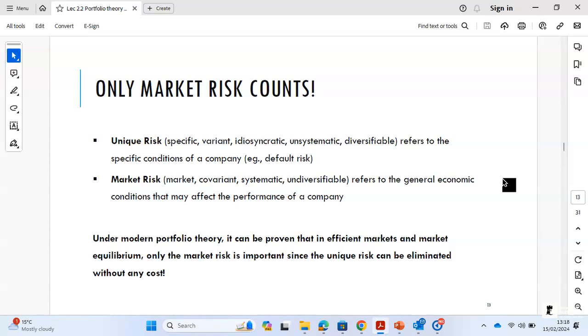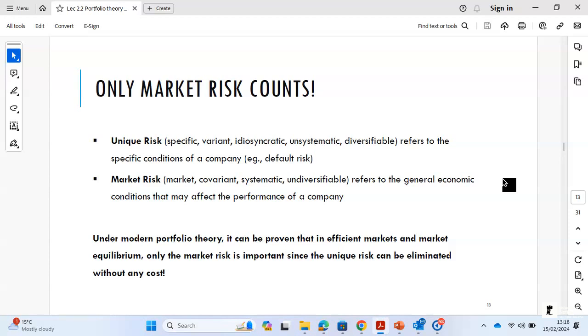As we know, it refers to the firm-specific risk. Similarly, there are different terms used to represent the market-wide risk. It's the systematic risk, the covariance, undiversifiable risk, and refers to the general economic conditions that may affect the performance of the company.